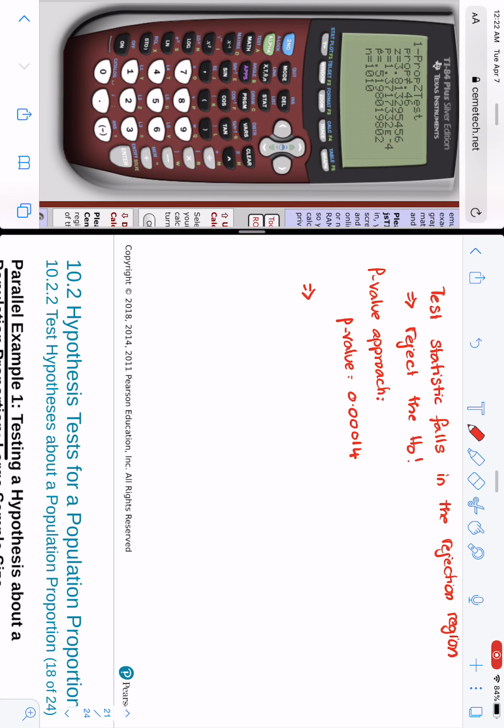That would just result in the conclusion that we reject the null because the p-value is less than alpha. Alpha is 0.05. P-value is 0.00014. Certainly the answer is yes, so we reject the null. So what is our conclusion?